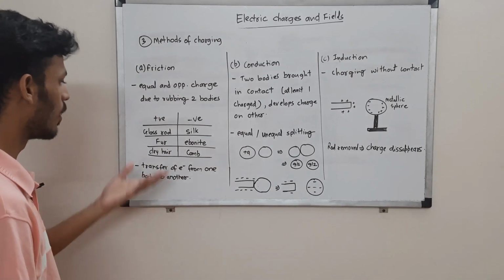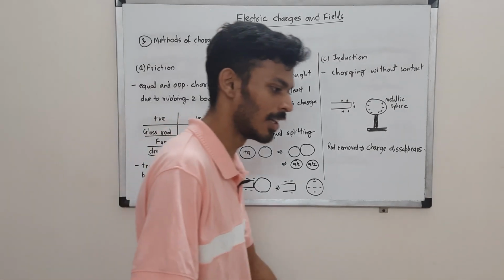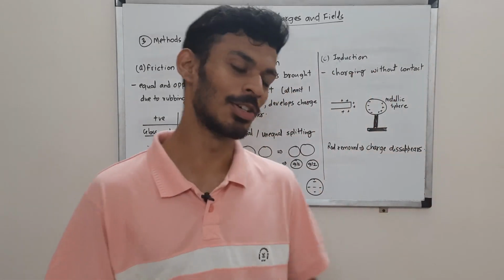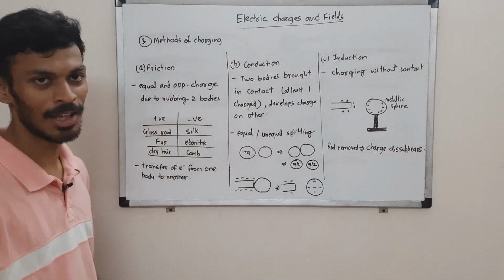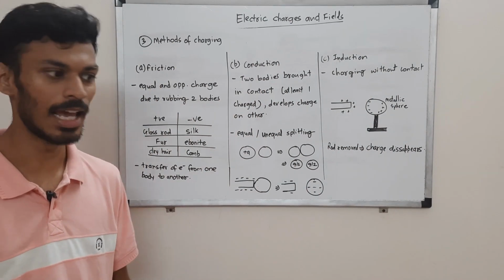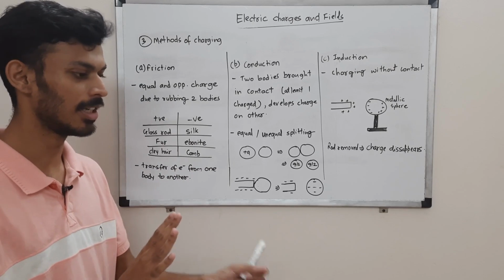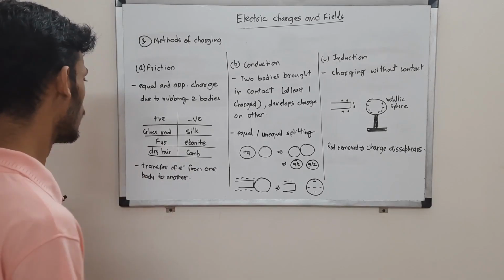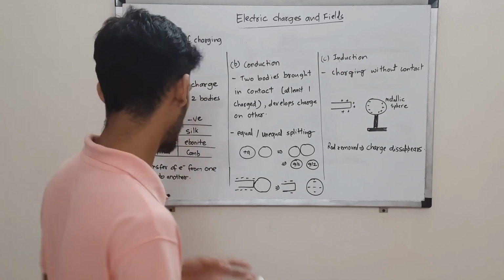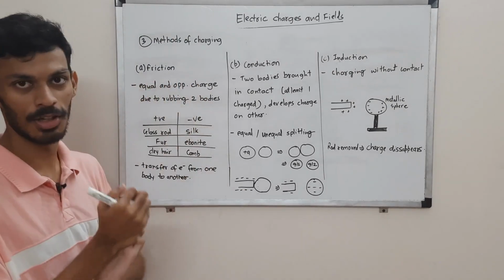You can also see this example from when you were young, you might have been a scientist yourself. Take dry hair and a comb: if you run the comb through your dry hair, you can actually see it attract bits of paper. Why does that happen? Because dry hair has an excess of electrons, which can be captured on your comb.